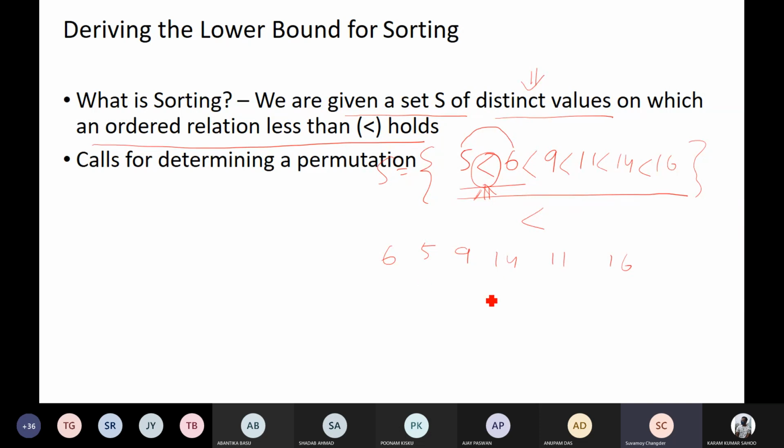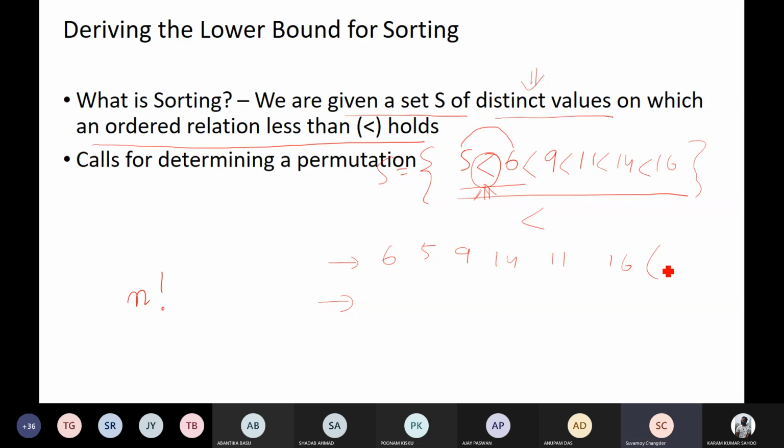If we have to find a sorted list, what is our target? If there are n number of elements in a list, then we have factorial n number of different permutations of all these elements, right?